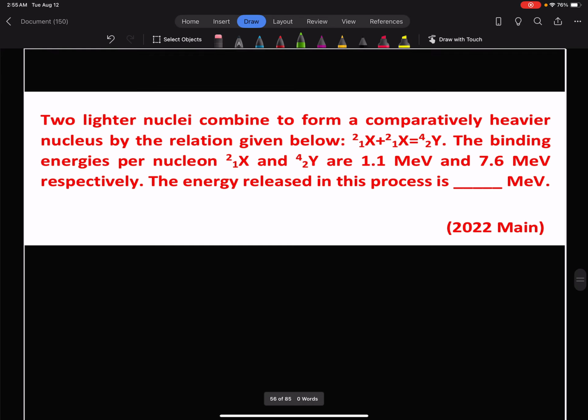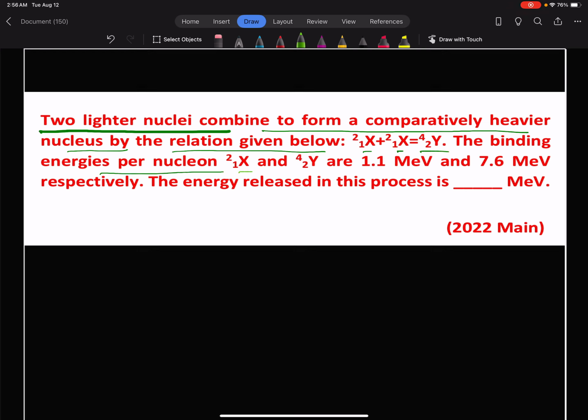It states that two lighter nuclei combine to form a comparatively heavier nucleus by the relation X plus X gives us a Y. The binding energy per nucleon for X and Y are given as 1.1 and 7.6 mega electron volt respectively. The energy released in this process is?